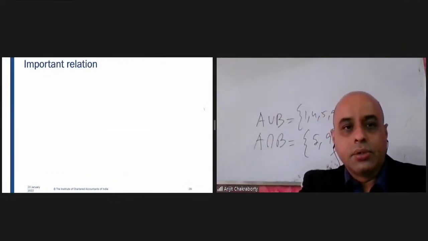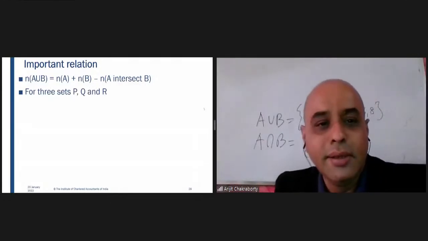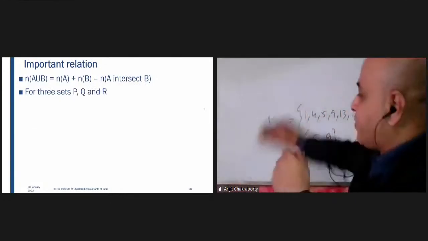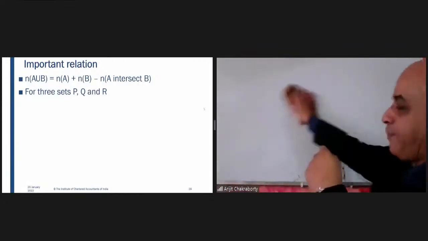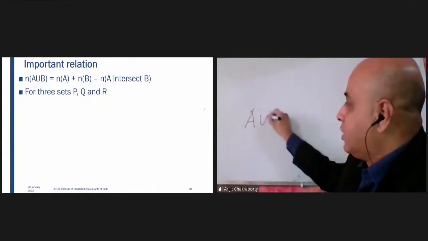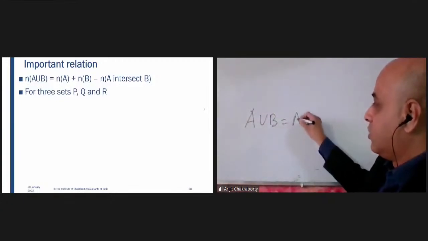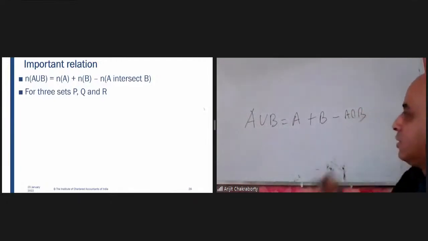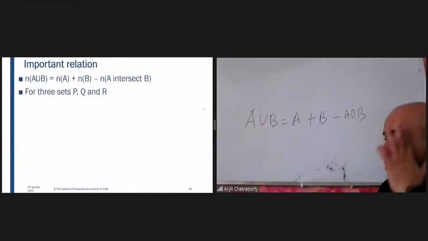Okay. So in the relation, this is the first and the only formula which you need to remember, and that is the A union B formula. So please note A union B is always equal to A plus B minus A intersection B. This is basically what we are talking about.